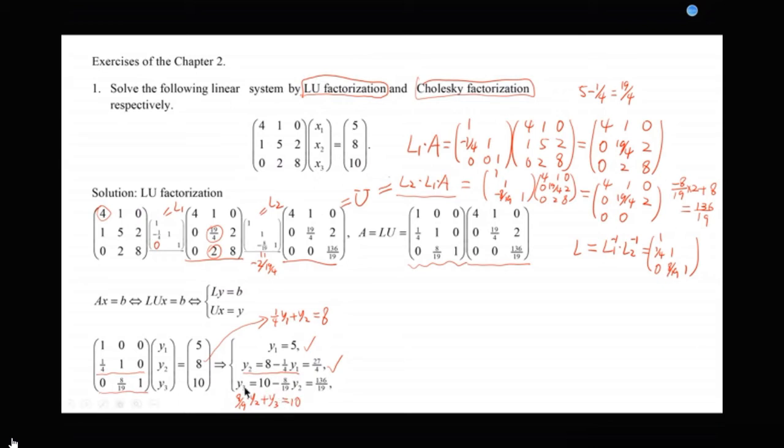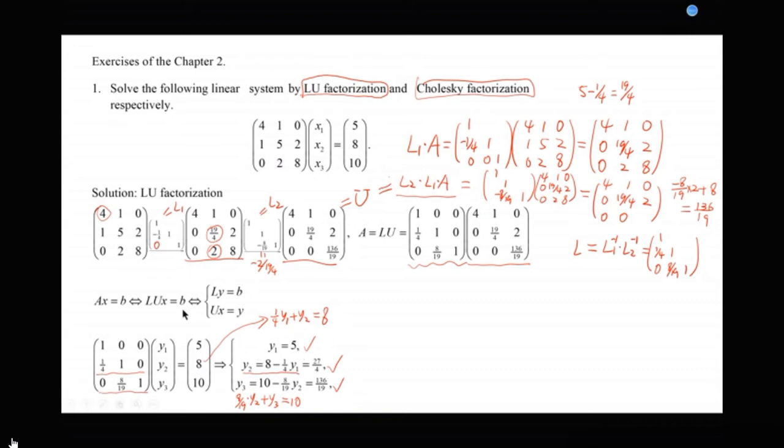So Y3 should be 10 minus 8 over 19 multiply Y2, and Y2 is 27 over 4. So by calculator or by hand, you will obtain 166 over 19. Is it okay? Please check. You already practiced, so you just need to check.